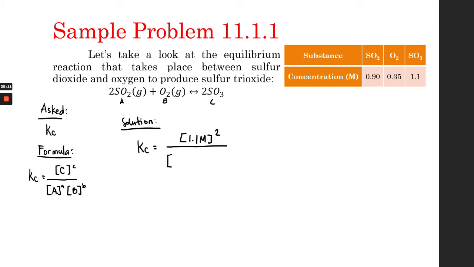And then we have A, which is sulfur dioxide, and the molar concentration of our sulfur dioxide is 0.90 molar raised to 2, because that is the coefficient. And then we have our molar concentration for oxygen, which is 0.35 molar. It has a coefficient of one, so we'll just put one there. It's not necessary because this automatically means one anyway.